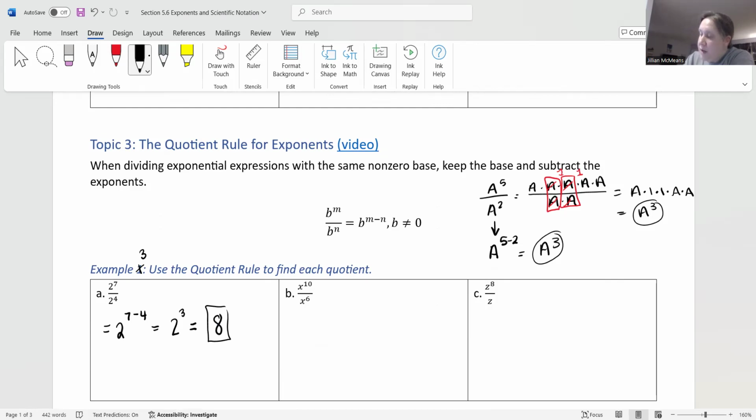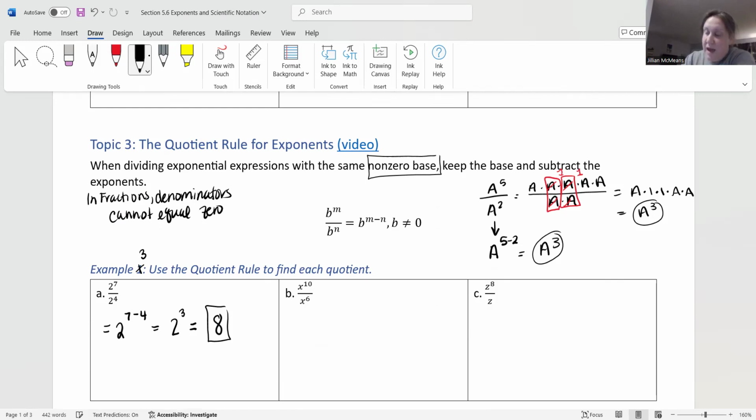Now, earlier we did have here that this works as long as your base is non-zero. It is worth mentioning if your base is 0, that means your denominator is 0. And one thing you must remember in fractions, denominators cannot equal 0.